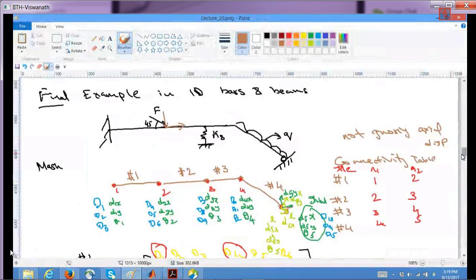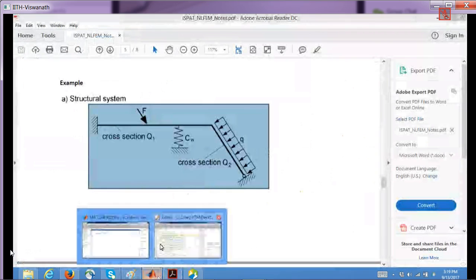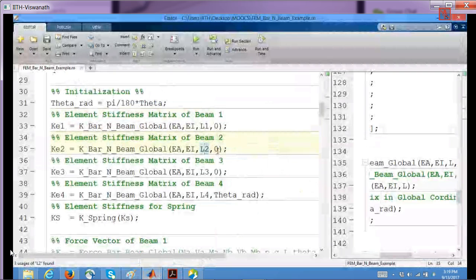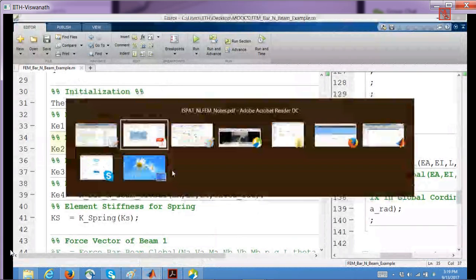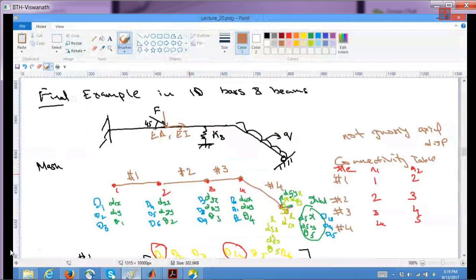Similarly for the second one, again you have EA axial rigidity, EI, length is L2, and it is inclined at 0 degrees with respect to horizontal. Similarly, the third beam is also EA, EI, and the local and global coordinates match each other.